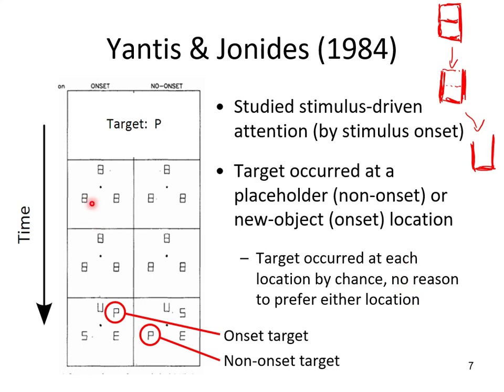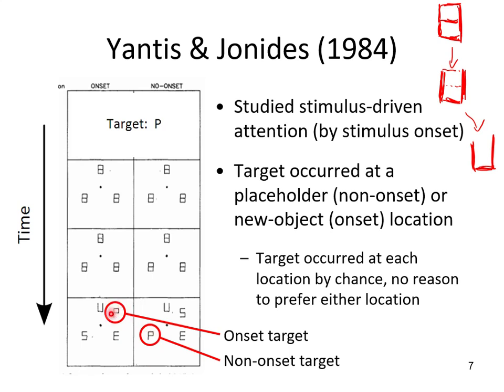So why do you have these placeholders? This is because they want to compare new objects with old objects. These are old objects because they are already there. So for these first, second, and third places, there is no object suddenly coming out.